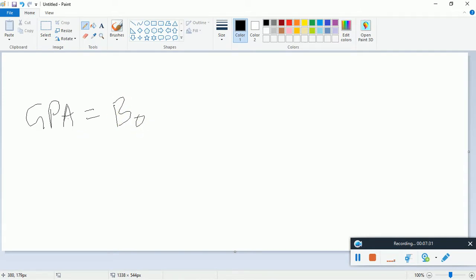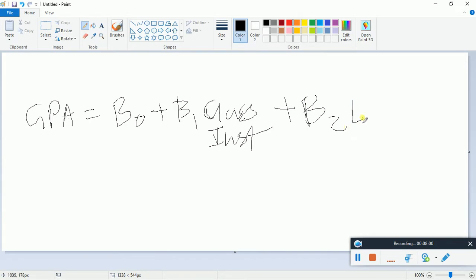Let's say they have a beta 0 and beta 1 when there is only class instruction, so CLASS INST, again short I'm writing. Let's say the department decided that class instructions are not sufficient, they should also give some lab sessions, so beta 2 lab, and as usual we have the error term U, right?